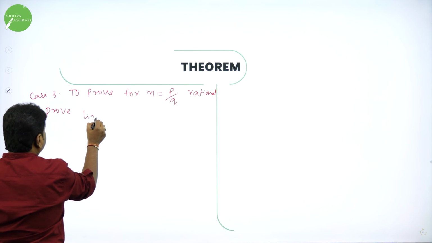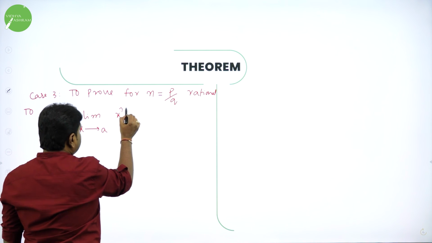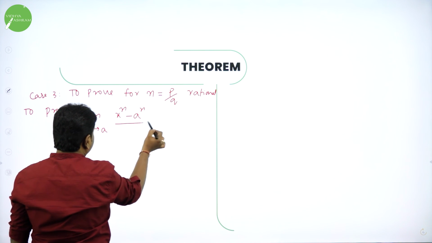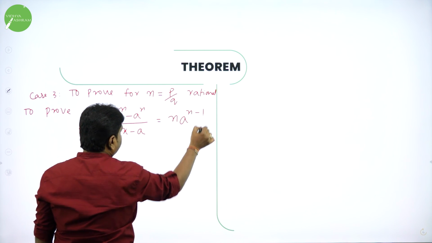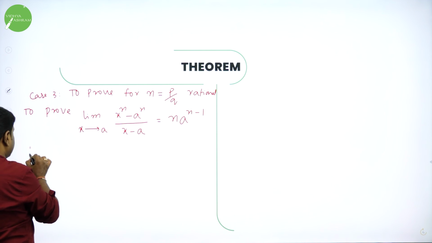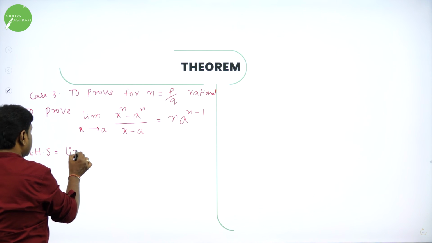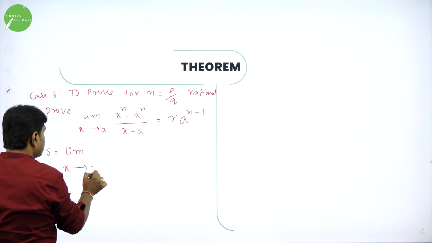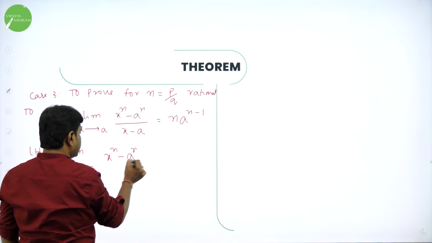We need to prove that limit x tends to a, x power n minus a power n divided by x minus a, equals n into a power n minus 1. We will take the LHS and arrive at the RHS. I will start with the LHS: limit x tends to a, x power n minus a power n by x minus a.